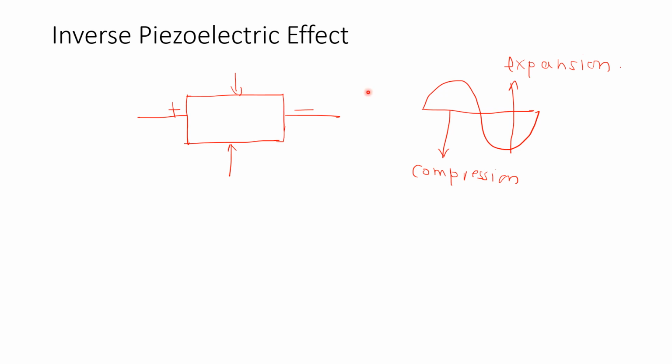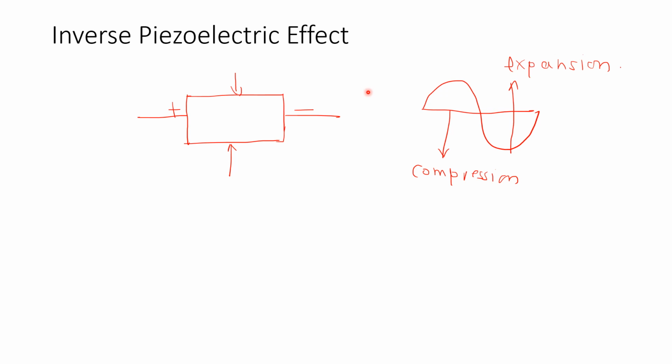then this crystal will vibrate with the maximum amplitude. The resonance will take place if the frequency of the applied electric field is adjusted so as it is the natural frequency of the crystal, then the crystal will vibrate with maximum amplitude.